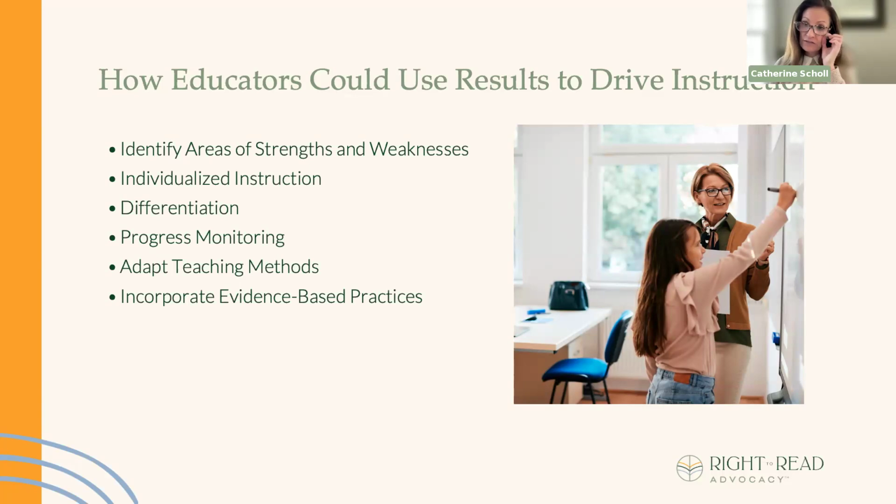And if they do qualify for special education, so if you're talking about a student who is classified as dyslexic, they're going to have an individualized education plan, which we call an IEP. The test scores, the data scores, along with the observation and the teacher reports are going to drive that IEP.